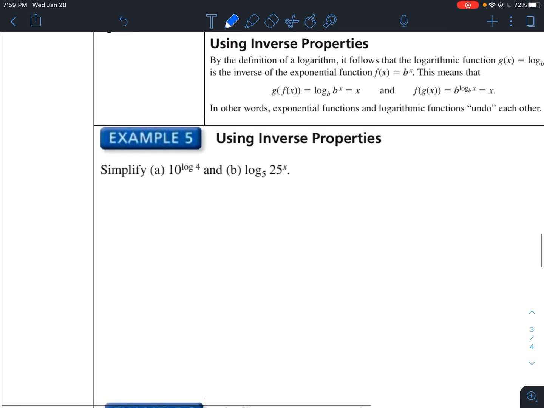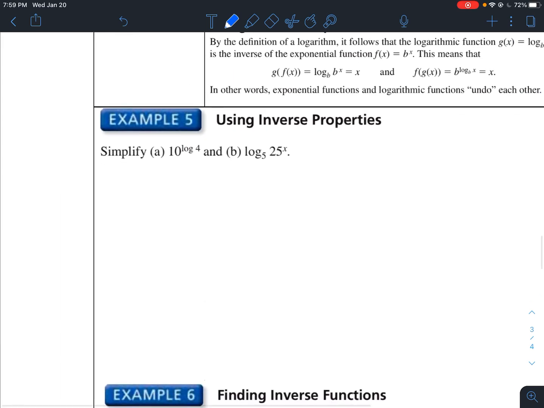So let's try and put this into practice. For a, it says simplify 10 raised to the log of 4. Now, what we talked about earlier is that if there is no subscript, assume it's a base of 10.